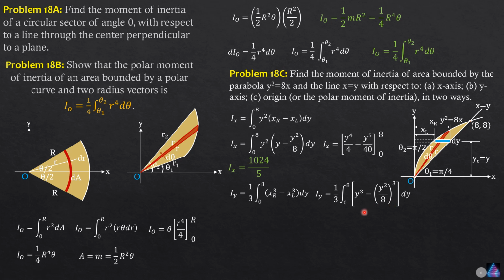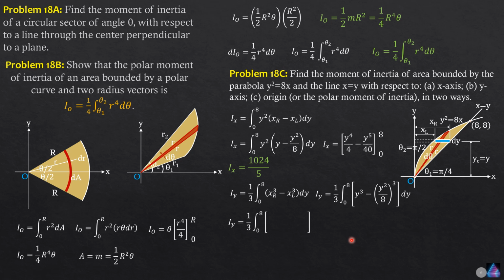So IY is 1/3 integral 0 to 8 of y cubed minus y squared over 8 quantity cubed. So that would be 1/3 of the quantity y to the fourth over 4 minus, this is y to the 6, so y to the 7 over 7, times 8 cubed rather.